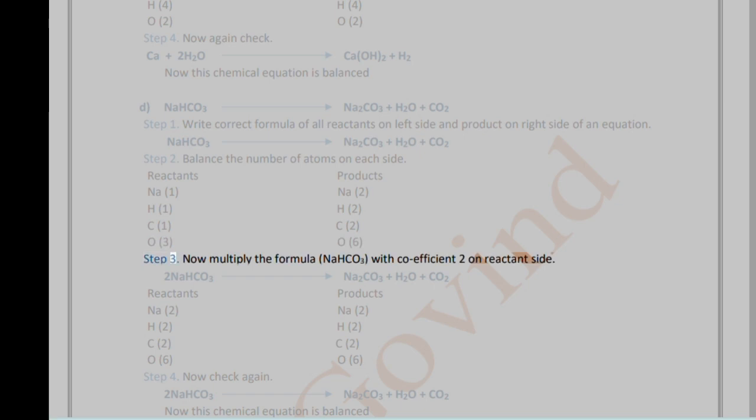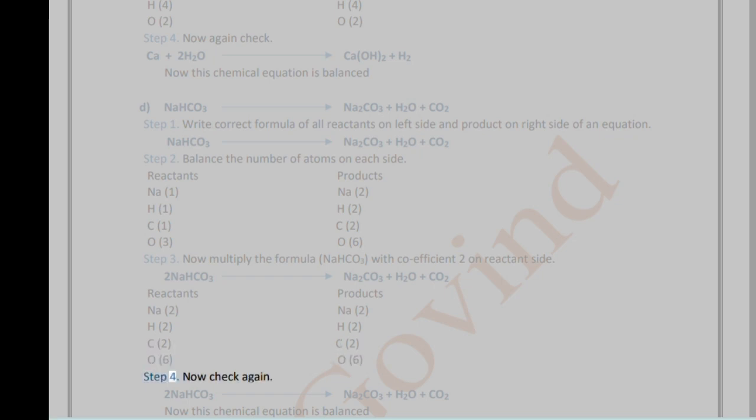Step 3. Now multiply the formula NaHCO3 with coefficient 2 on the reactant side. 2 NaHCO3 → Na2CO3 + H2O + CO2. Reactants, products: Na2, Na2, H2, H2, C2, C2, O6, O6.